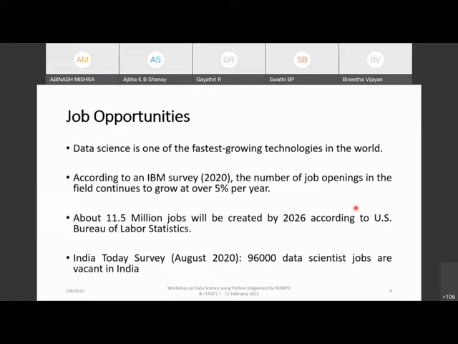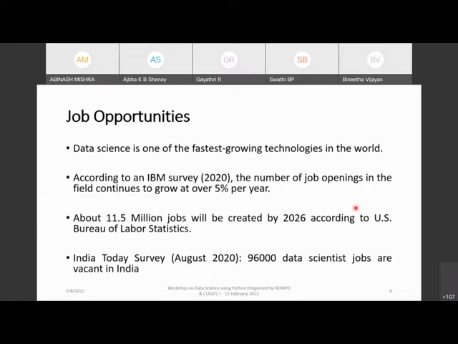The India Today survey August 2020 says that 96,000 data scientist jobs are vacant in India. So they are not getting the data scientists. They are getting data analysts, they are getting the data engineers, but they are not able to get the data scientists properly. So the demand is there, but supply is less.